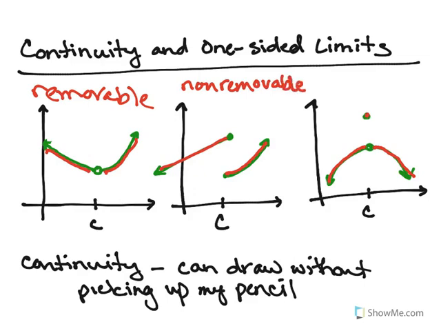The way that function is defined, there's nothing I can do at the point C to make it connect. Now the third one is removable, because if I wanted to remove that discontinuity, all I'd have to do is define the y value at the point C differently, and it would take it away. So that one's considered removable as well.